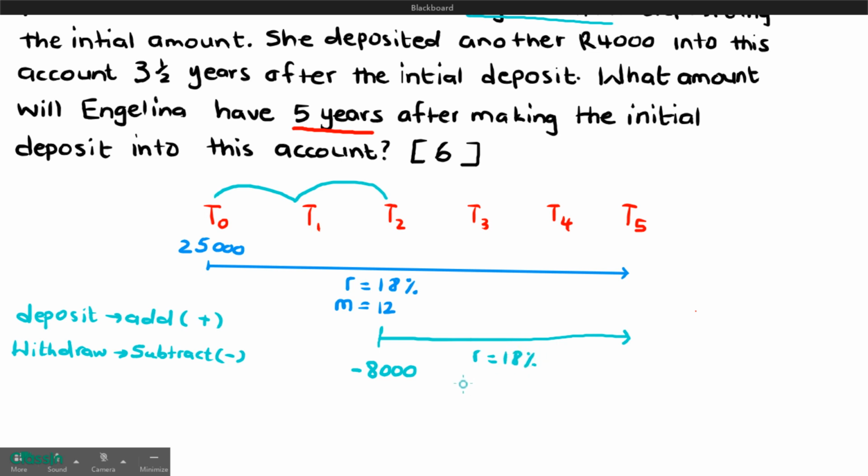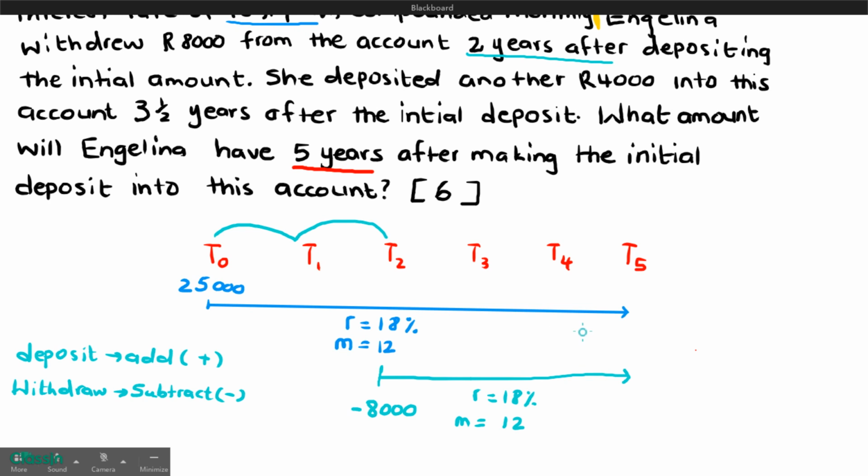Again, where M is 12. We are not changing the rate and we are not changing the value of M. Now it means that we are finished with this part.